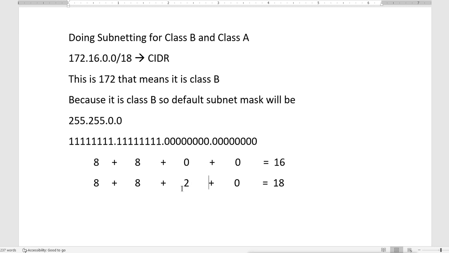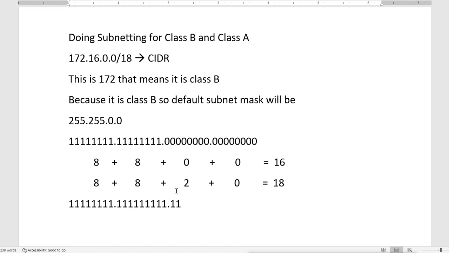I have enabled these 2 bits in this part, not in that part. For example, if you convert this into binary, we can say 1 2 3 4 5 6 7 8 dot 1 2 3 4 5 6 7 8 dot. Now 2 bits means I will enable continuously from here, 1 2. I will not enable from in between.